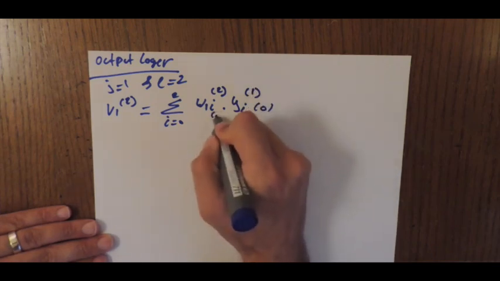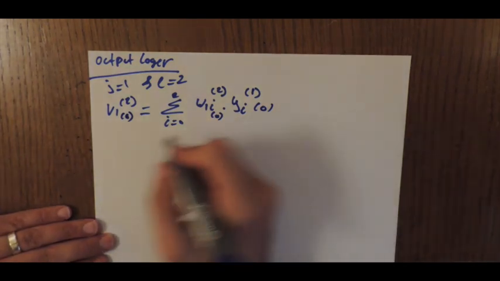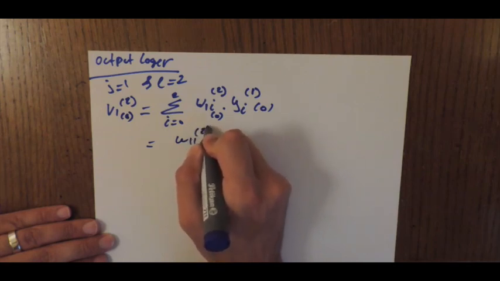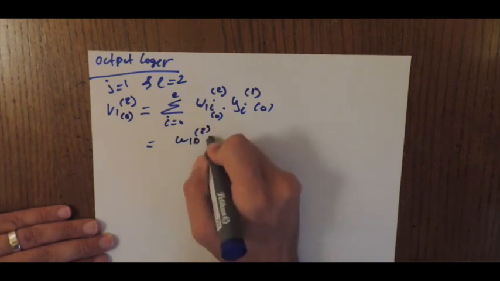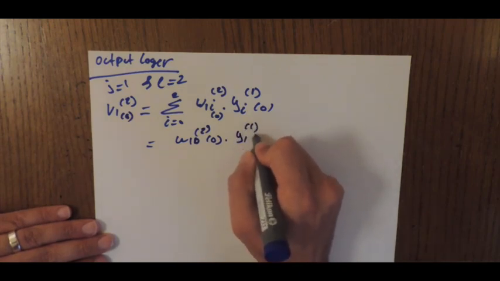Of course, this is for iteration 0 or epoch 0.